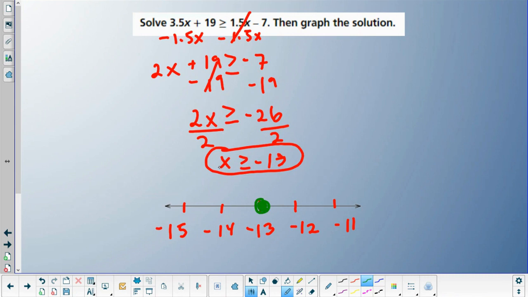And this time, I want all of the numbers that are greater than or equal to negative 13. So that is all the numbers on this side. If you remember my trick that I talked about in class, you can turn your inequality symbol into an arrow and it points in the direction. So it's pointing to the right-hand side, and that's which section you shade.